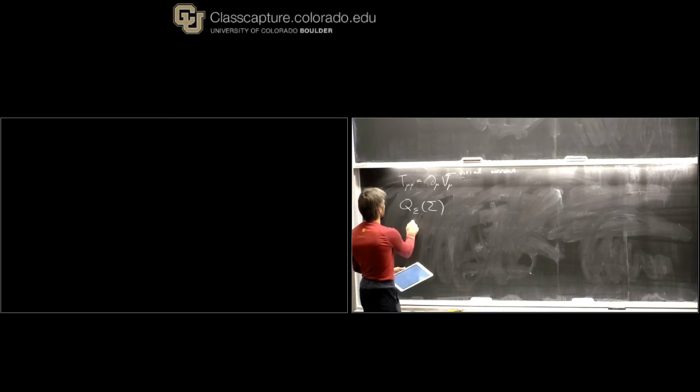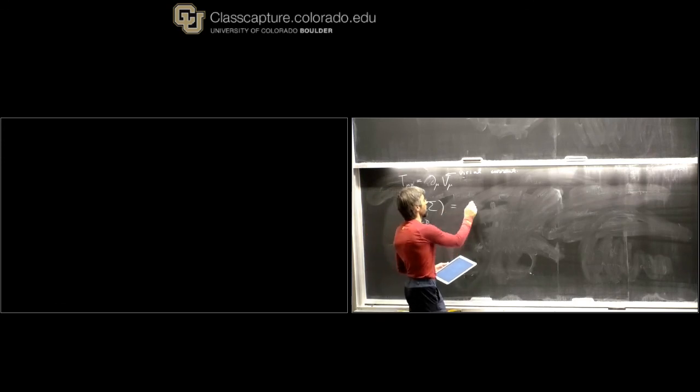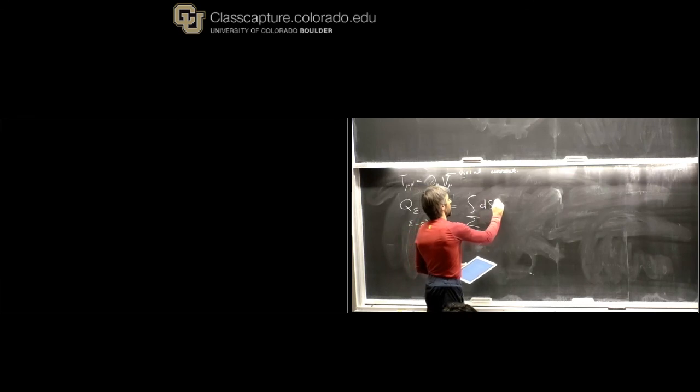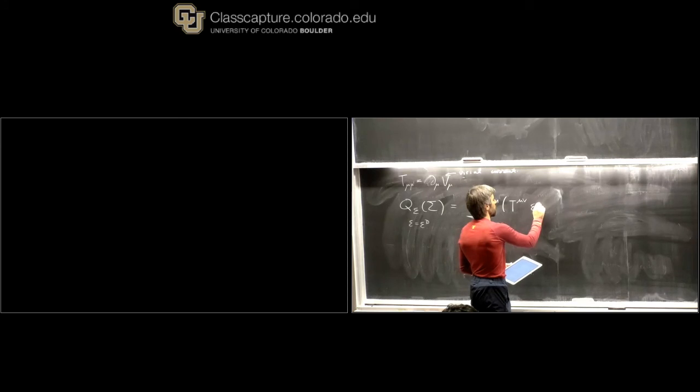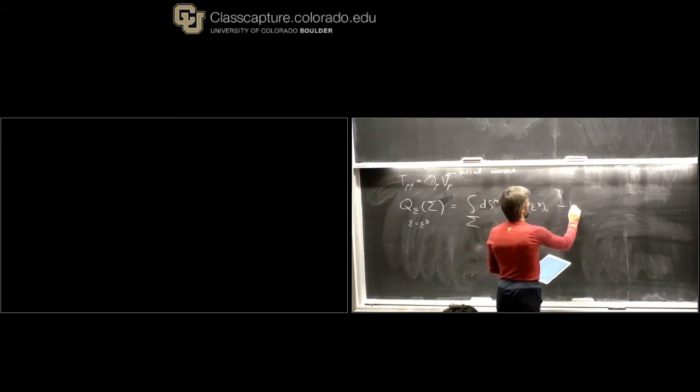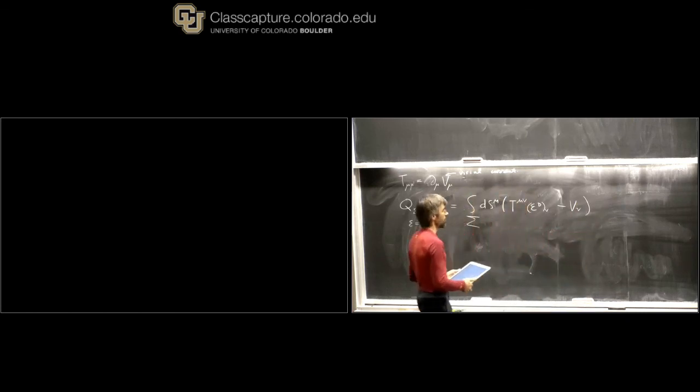So I take epsilon being the dilatation vector field, and then I construct the following operator: T mu nu epsilon dilatation nu, and here I add, just by hand, V nu minus V nu.